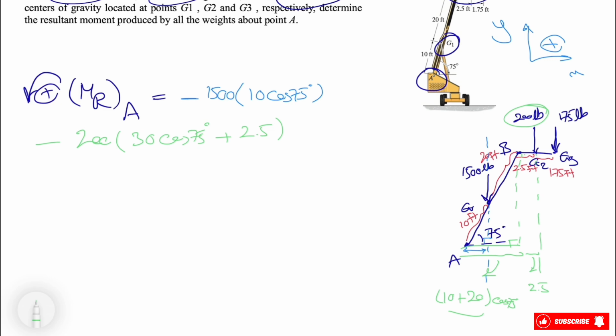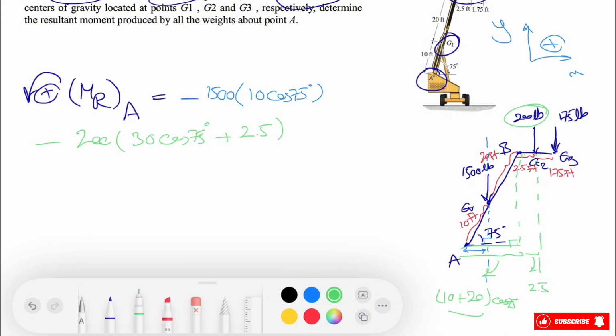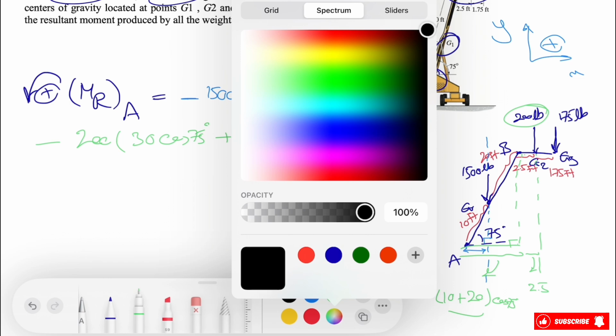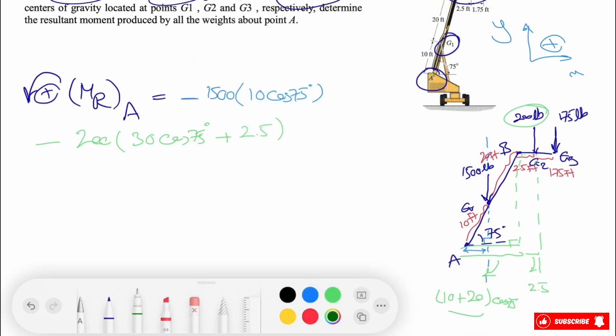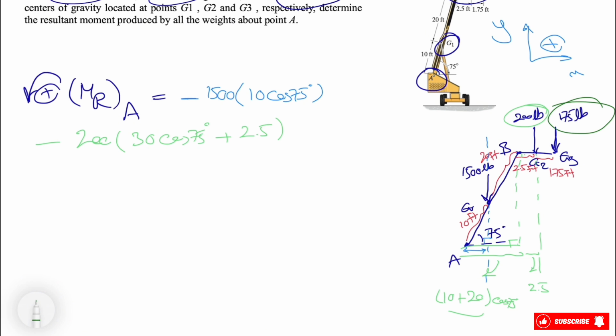The last component would be the, let's show it with a different color. Let's go with dark green. So it's the moment of 175. Again, we have a clockwise moment, so another negative sign in here. The force is 175, and the line of action would be here, and the distance is from point A to here, which is the same distance that we had in the previous part.